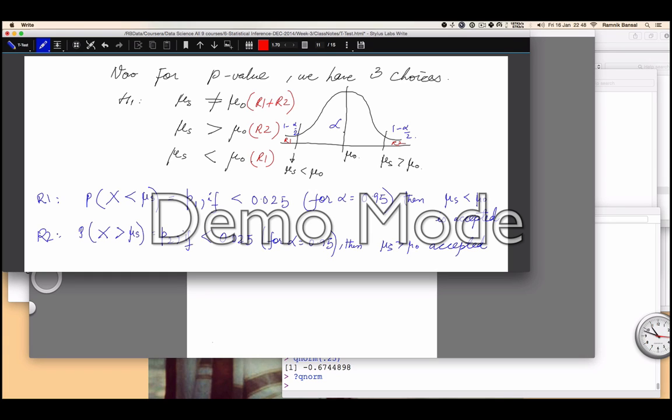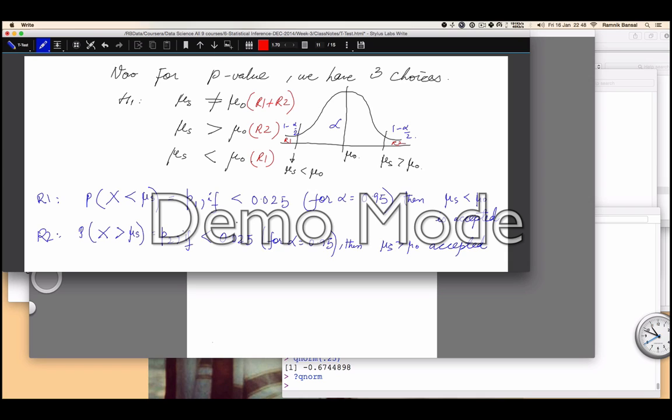I'm saying 95% confidence interval and 5% margin of error, which means 2.5% here and 2.5% here. So my p-value P1 should be less than this. The maximum probability allowed is 0.025 for me to reject the null hypothesis.